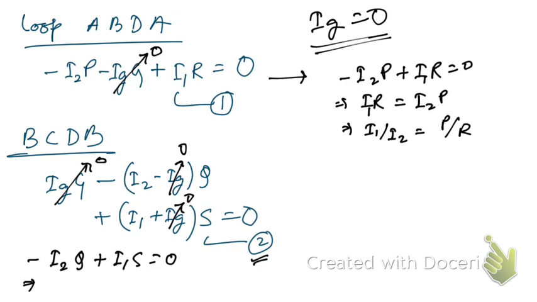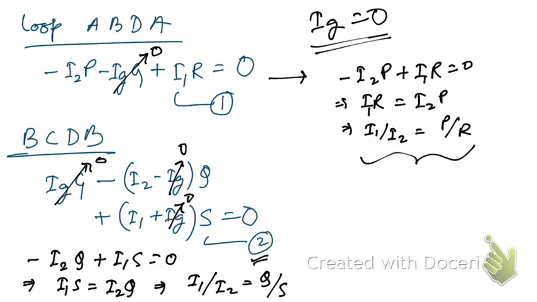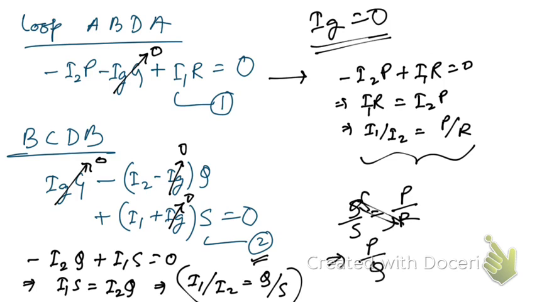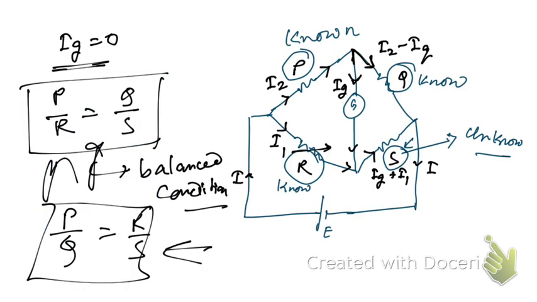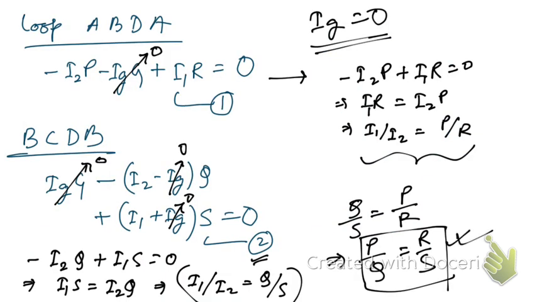Then we get I1S equal to I2Q, which implies that I1 by I2 will be equal to Q by S. Comparing these two equations, we get Q by S equal to P by R. If you simplify this, you get P by Q equals R by S. So this is the balance condition of the Wheatstone bridge that we discussed earlier.